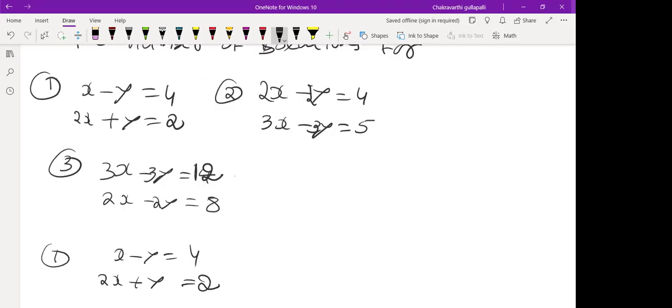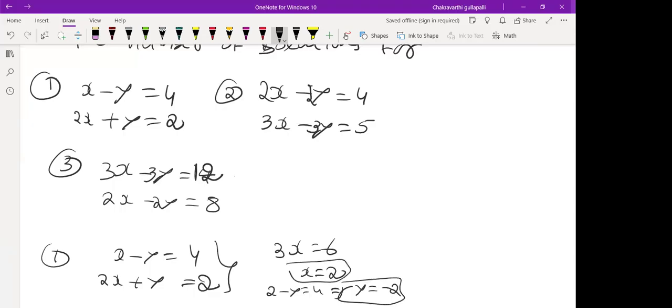They are called simultaneous equations. Two linear equations only; more than two, we cannot call simultaneous. So how did your teacher teach? Add them. Then you will get 3x is equal to 6, x equal to 2. Substitute in any one of the equations, as your teacher told in 8th class, and you get y as minus 2.